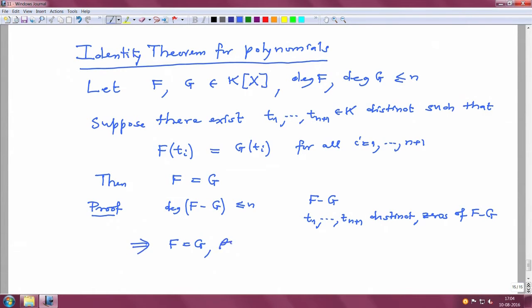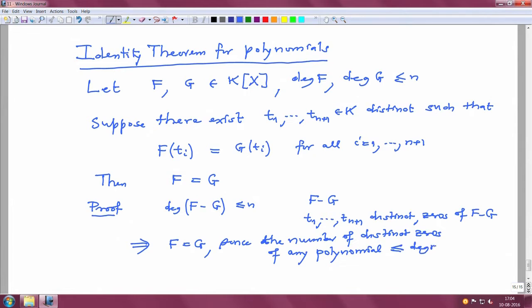So, I will write the reason here. The number of distinct zeros of any polynomial f is bounded by its degree. For any polynomial f, the number of distinct zeros is less than or equal to the degree of f.